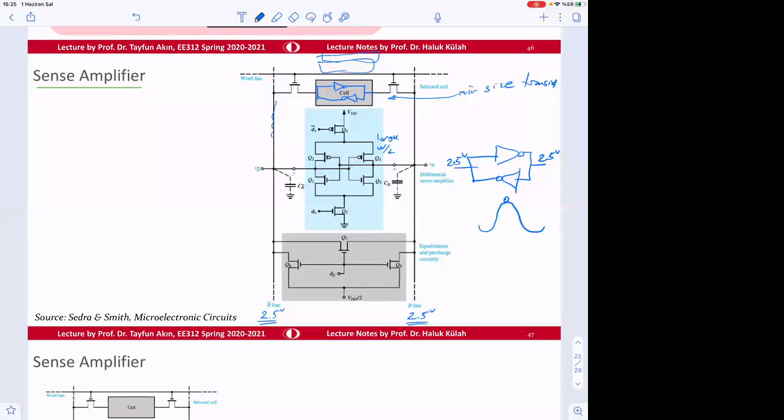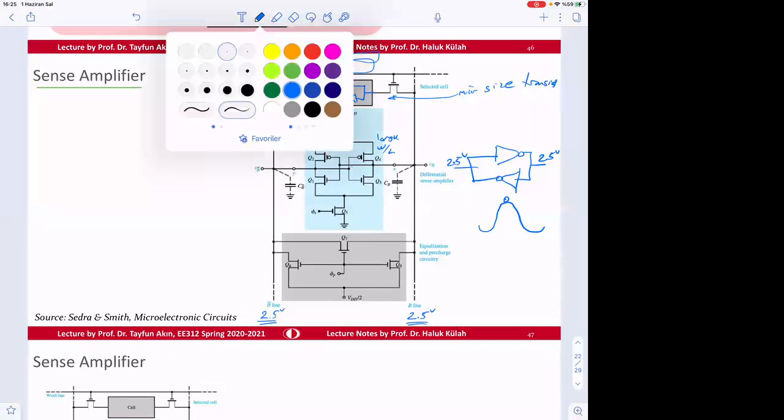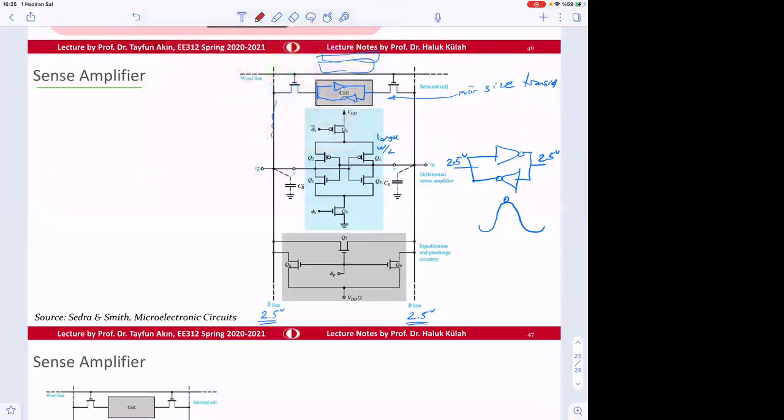So if one of the voltages starts to increase slightly, this goes to 2.6 volt, then this goes to 2.4 volts, then this immediately rolls to 2.8 volt, and this goes to 2.2 volt, then this goes to 3.5 volt, and this drops to 1.5 volt, and then this goes to 5, and this goes to 0 volts.